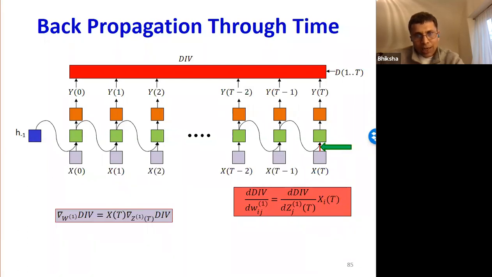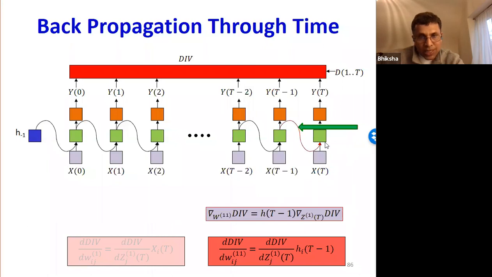And now I can also move backwards and compute the derivative with respect to this recurrent connection, which is now going to be the product of the hidden layer output at this time and the derivative of the divergence with respect to the affine value at this time.